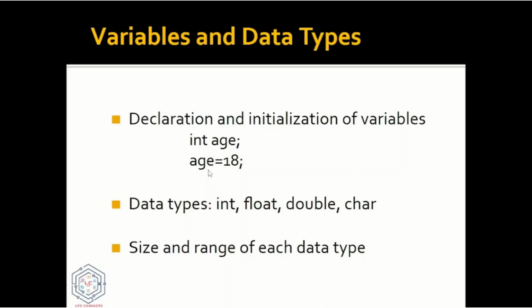Let us see what data types are. A data type defines the kind of data a variable can hold. Kind of data means, we know that 18 is a number. Then we want to make the system understand that 18 is a number, so we use the keyword int. Int means integer.